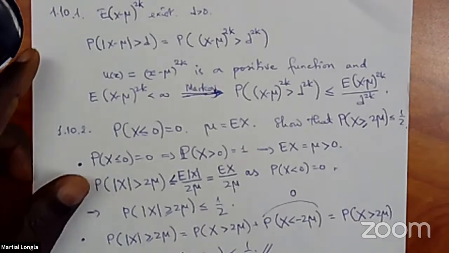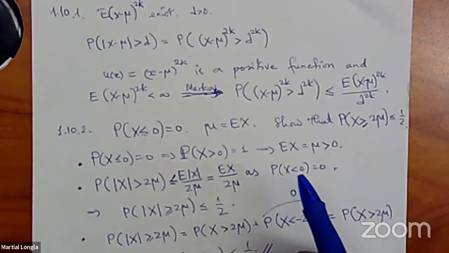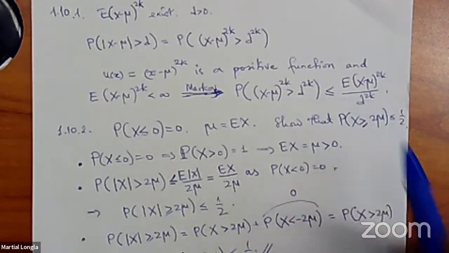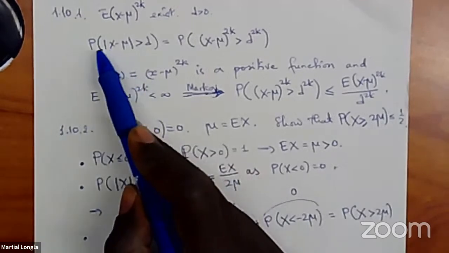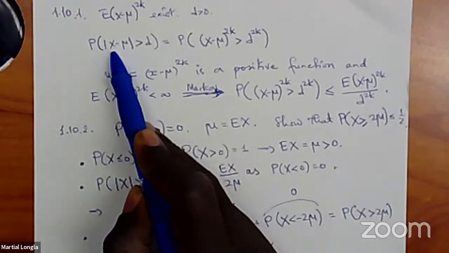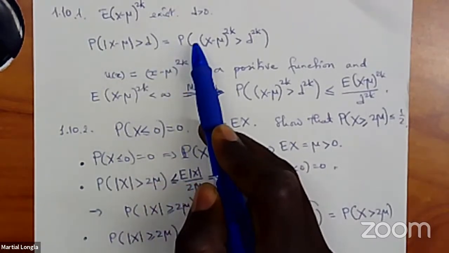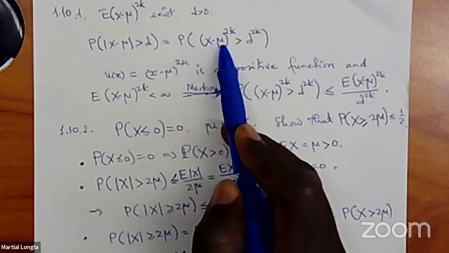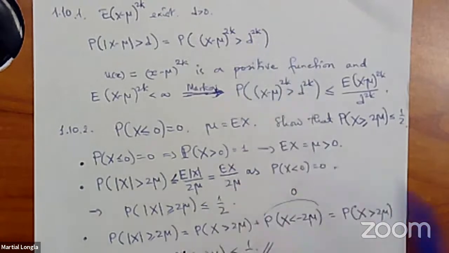Now, in this problem, we wanted to show that the probability is less than the expected value divided by d to the power 2k. I start by saying, okay, the probability, because if I put the absolute value here larger than d, this probability is going to be the same as the probability of x minus mu, without putting absolute value, to the power 2k larger than d to the power 2k.